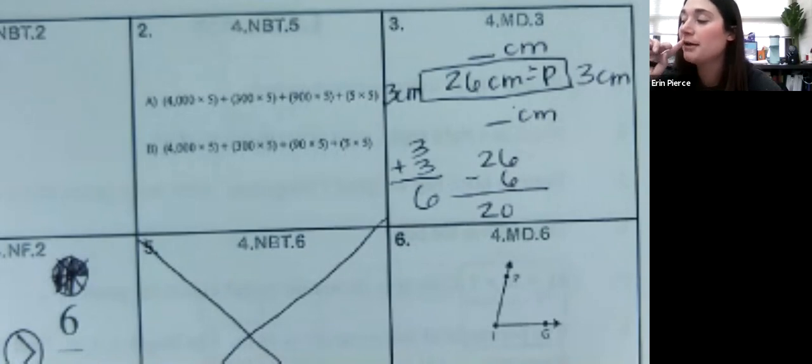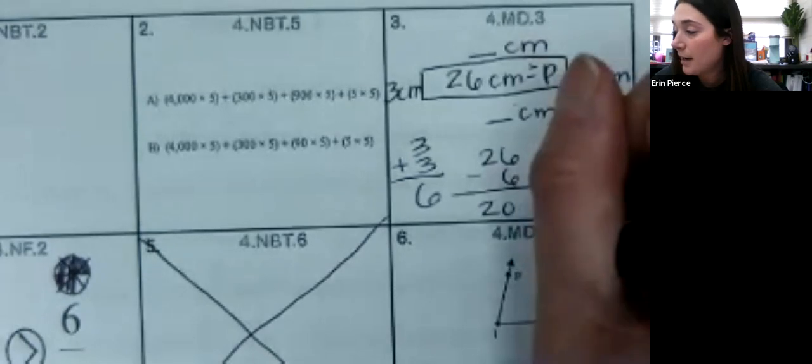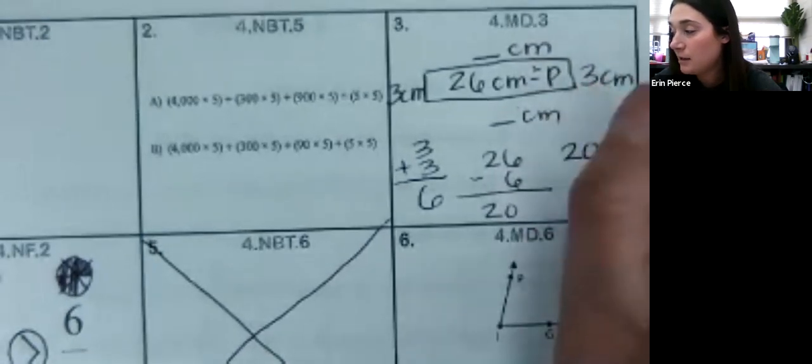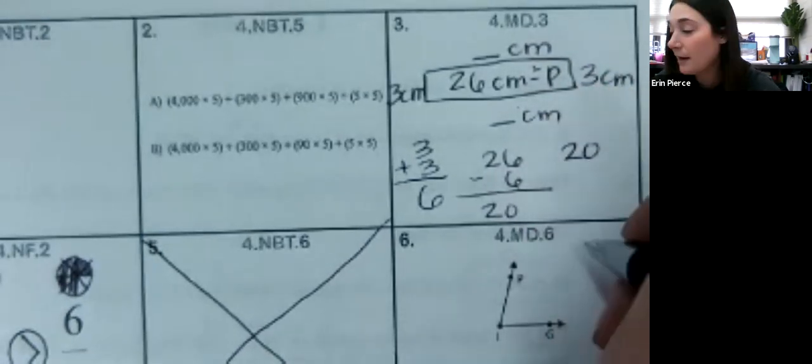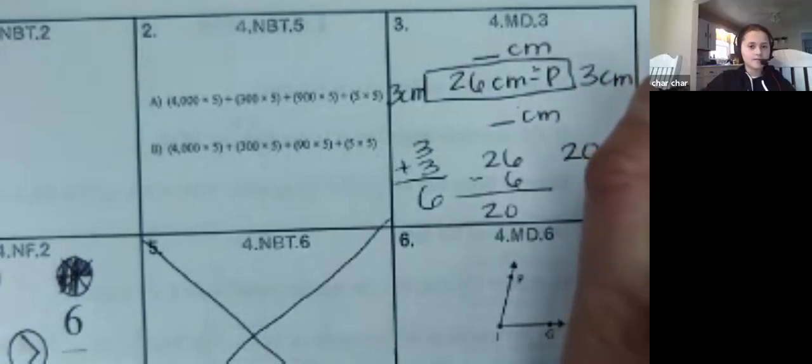Arrays, Charlotte, will help us with area. Right now, though, I need to see perimeter. Does anybody remember when Mrs. Pierce said, I have to split this evenly? Divide it by... oh, okay.